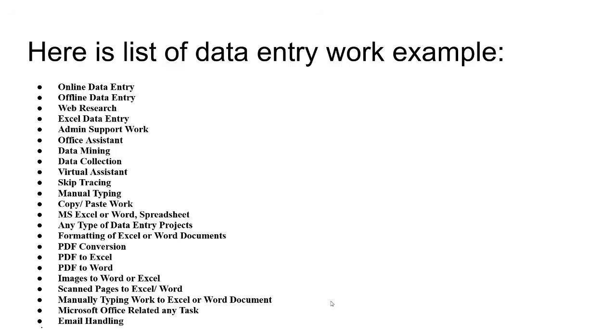And the types of data entry projects: formatting of Excel or Word documents, PDF conversions, PDF to Excel, PDF to Word, image to Word or Excel, scan paste to Excel or Word, manually typing work to Excel or Word documents, Microsoft Office related tasks, and email handling. So these are the very basic things, and this is the very basic list for you.